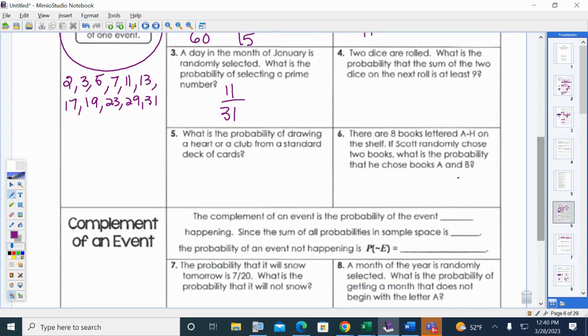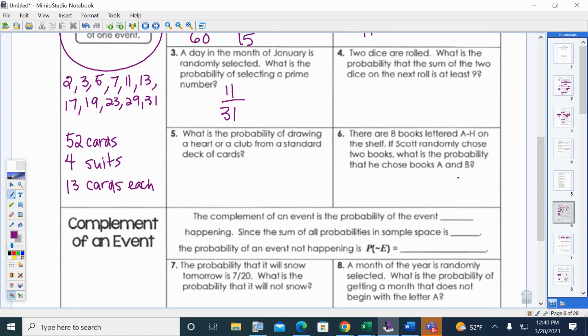What is the probability of drawing a heart or a club from a standard deck of cards? In a standard deck of cards, you have 52 cards total. There are 4 different suits. And in each suit, there are 13 cards each.